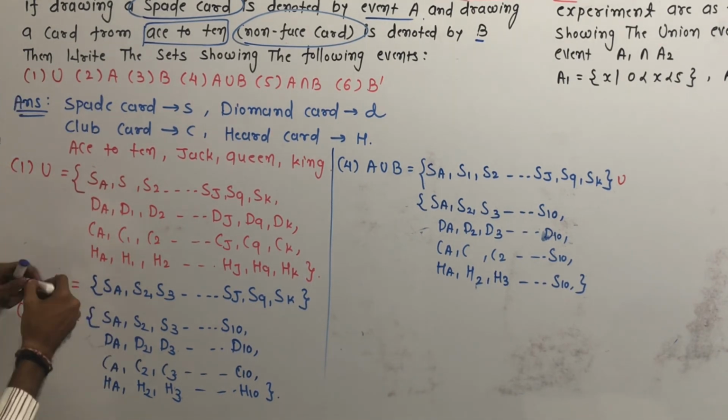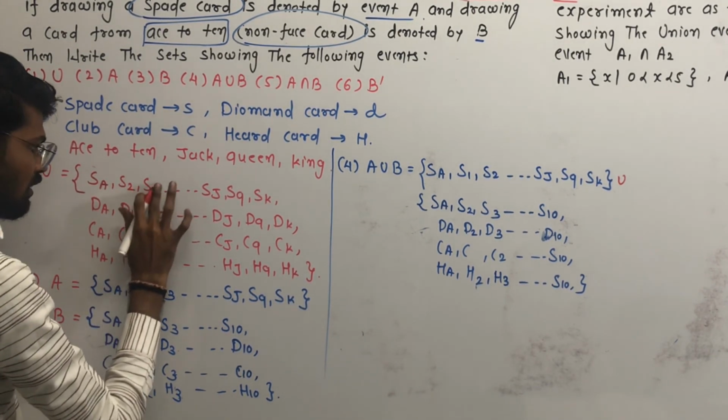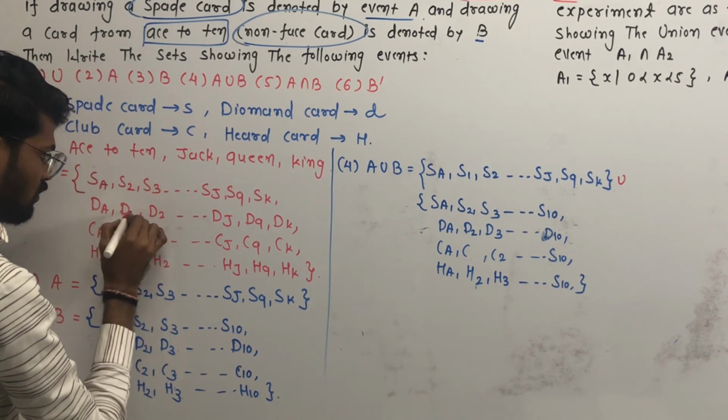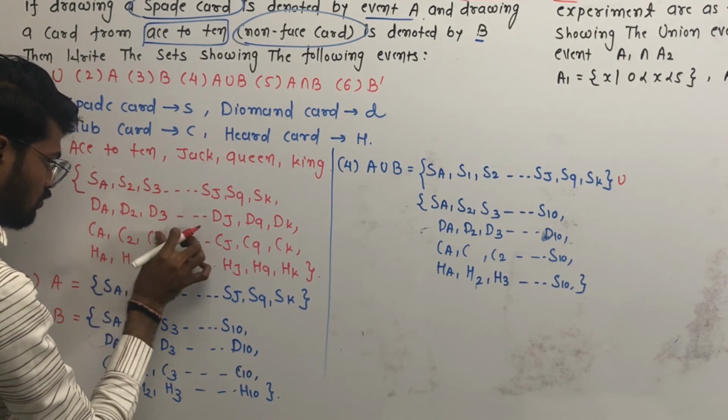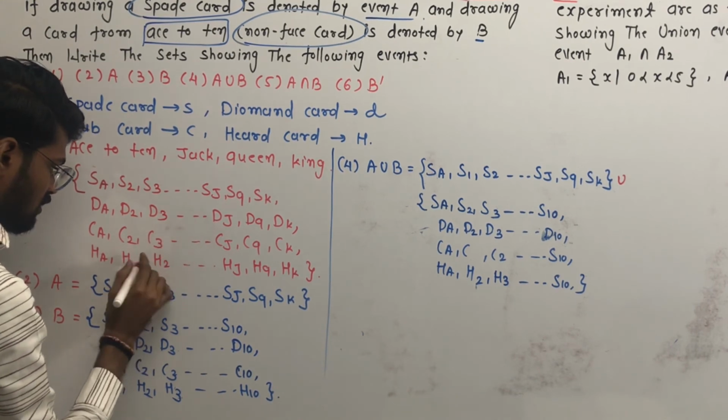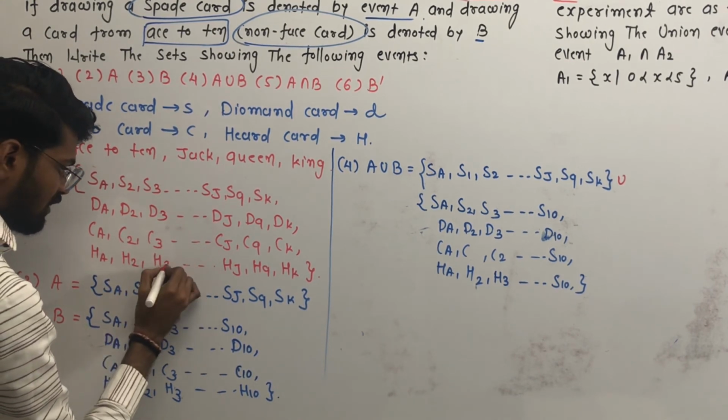After the HA, here 2 and 3 come, in each suit.